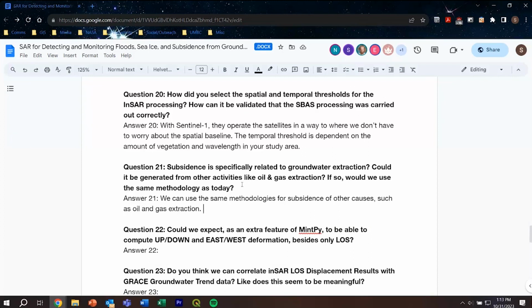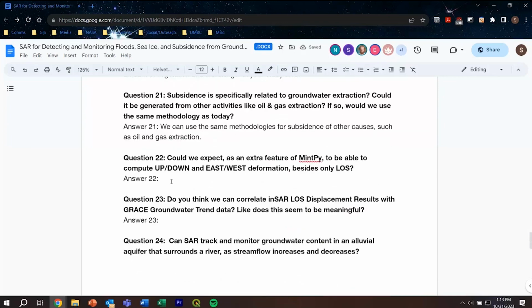Great. Okay, so another great question, number 22. Could we expect as an extra feature of MinPy to be able to compute up and down east-west deformation besides only line of sight? From any given track of data, we only measure one line of sight, but in most places, the satellites acquire data on different tracks that can look at the same ground location at different look directions.